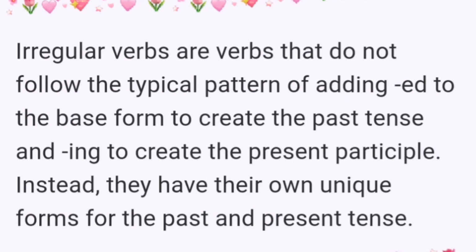Irregular verbs are verbs that do not follow the typical pattern of adding ed to the base form to create the past tense and ing to create the present participle. Instead, they have their own unique forms for the past tense.